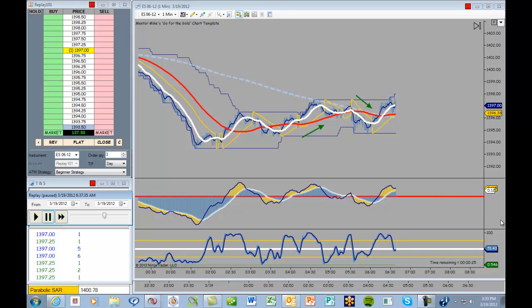Okay, that looks a little more like it. We've come down below the white and have gone back above. That looks like we've got a little more momentum to the upside.